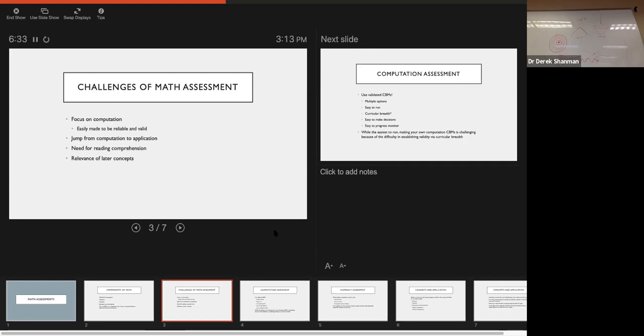And even at that level, at the highest level, it was very simply solve the thing. It wasn't comprehension. It wasn't the application that we'll talk about. It's just solve. The reason for that, like I said, is they're easy to make, they are reliable, they're valid, and it's fast, right? And it gets you the core of what you need to know. Can you do the problem?